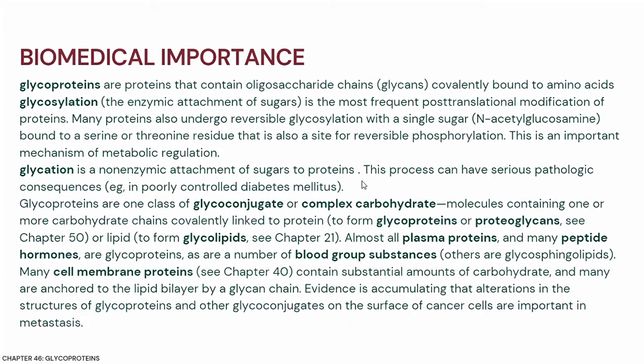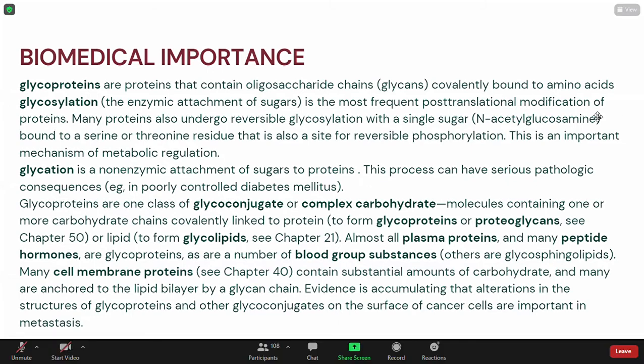And so the protein now has sugar attached to it, and they are called glycoproteins. Glycoproteins are proteins that contain oligosaccharide chains covalently bound to the amino acids.